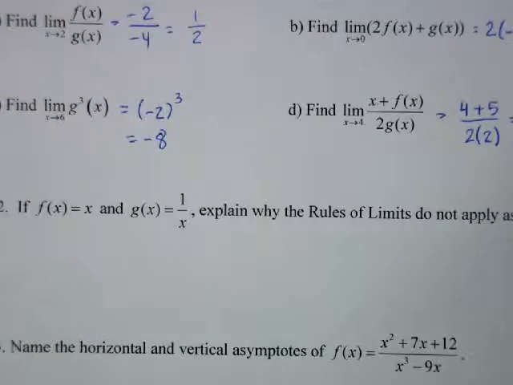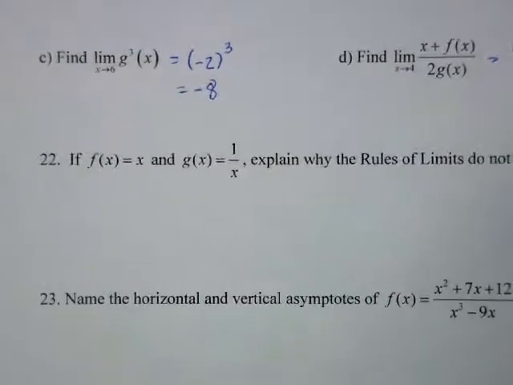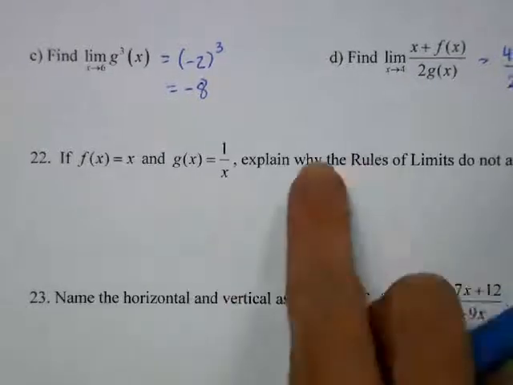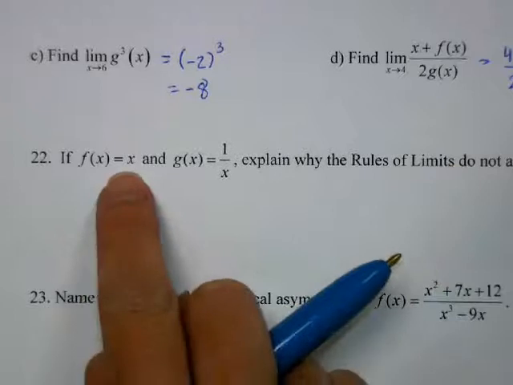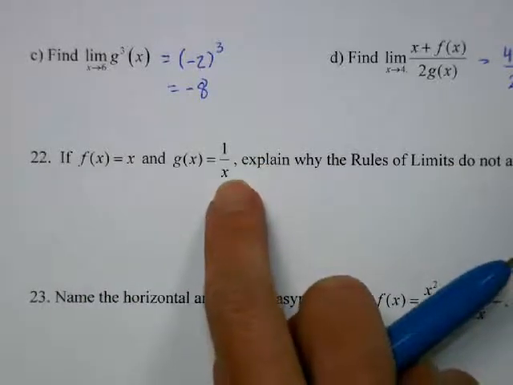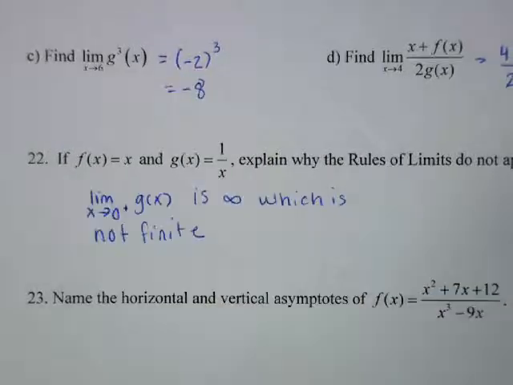So why doesn't that work? Because the limit has to be finite in order for this to apply. This one is finite as we go to 0, but this one as we go to 0 is going to be infinity, which is not finite. So the limit as x goes to 0 of g of x is infinity, which is not finite, which is required for the limit rules to work.